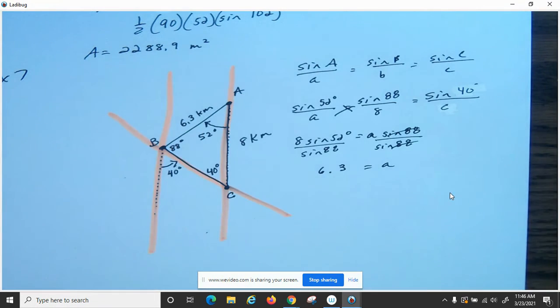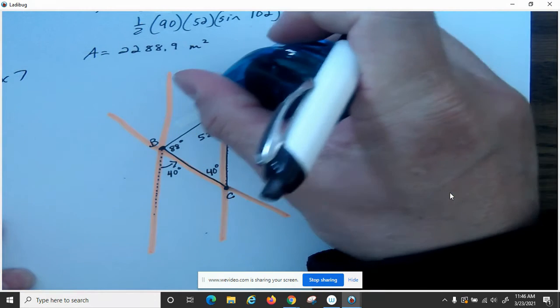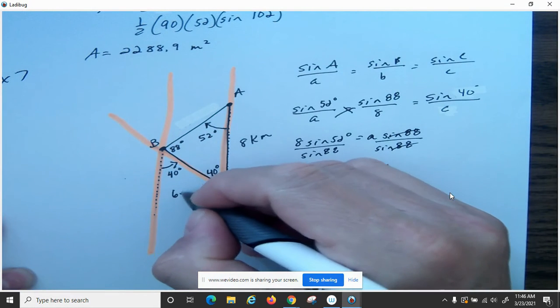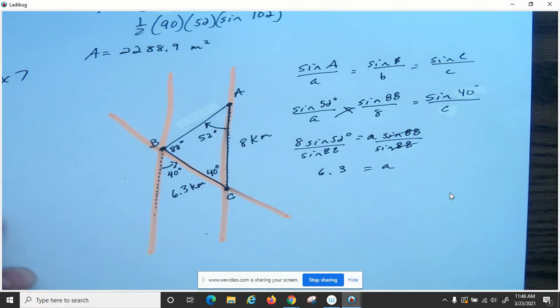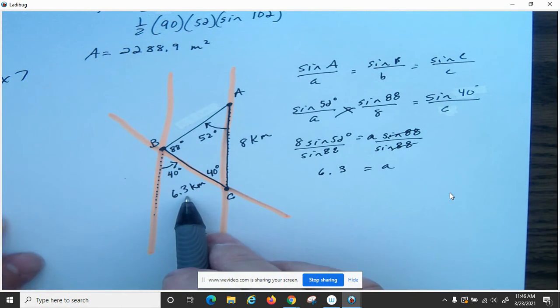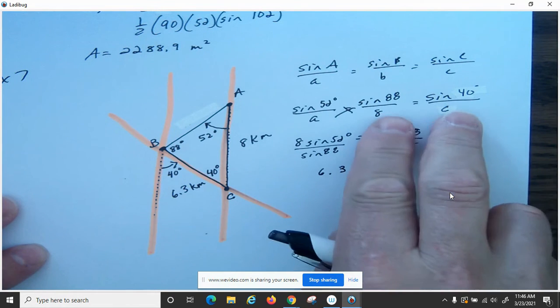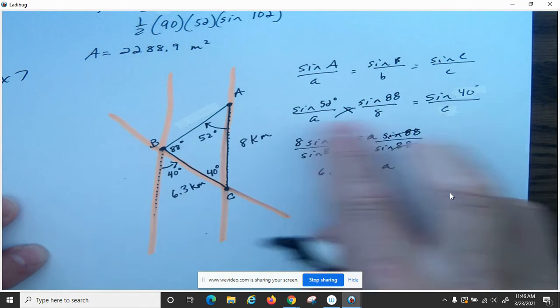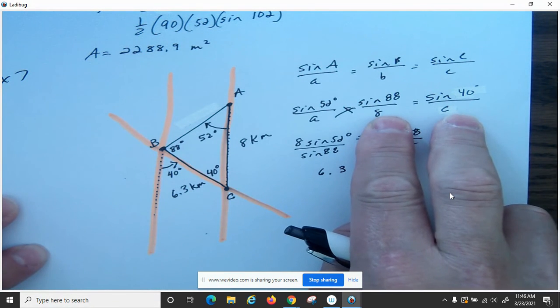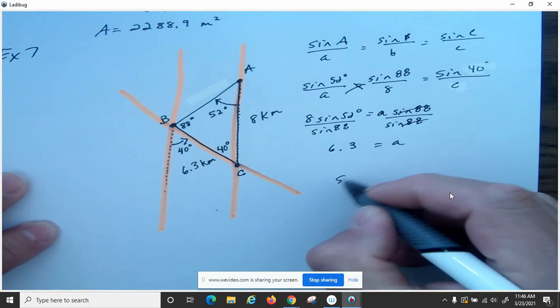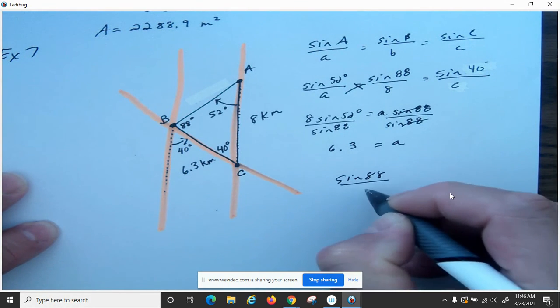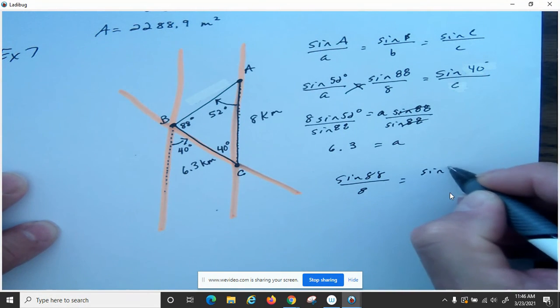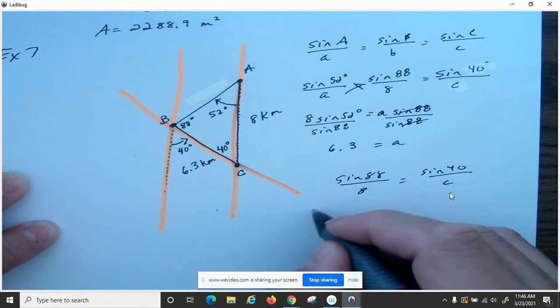I put that in the wrong spot. It really doesn't matter. We'll still get the correct answer, but I want to keep things consistent. Okay, so side A is equal to 6.3 kilometers. All right, so let's go ahead and find side C. I'll go ahead and use these two. So the sine of 88 over 8 is equal to the sine of 40 over C, cross multiplying.